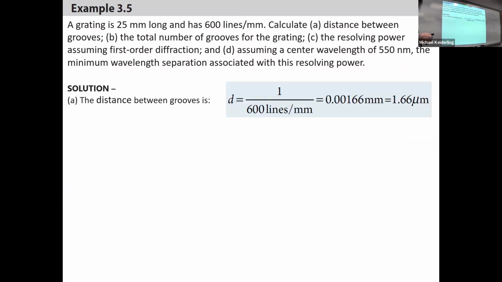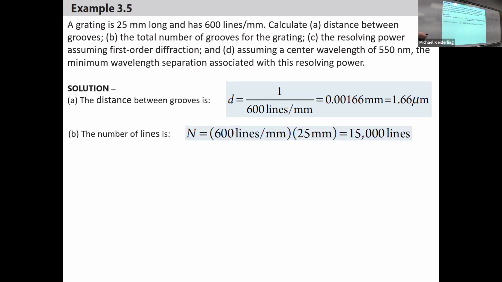The distance between grooves is just 1 over the number of lines per millimeter, and then we convert from millimeters to micrometers. So 1 over 600 lines per millimeter is 0.00166 millimeters, or 1.66 micrometers. The number of lines is 600 lines per millimeter times 25 millimeters, 15,000 lines.